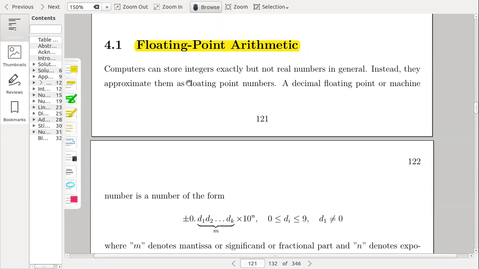Computers can store integers only and exactly, but are not able to store real numbers as they are. So we convert real numbers to floating point numbers to adopt a standard format.